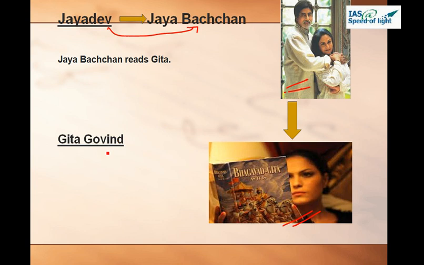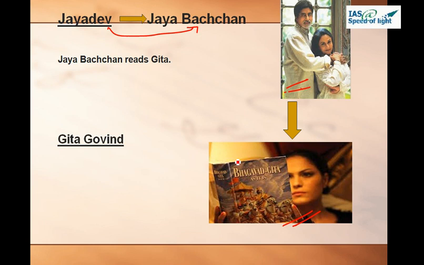So this is just a sample of the mnemonics, and what actually becomes clear once it comes to you. But you can make your own mnemonics. Suppose somebody belongs to Bangalore. Jayadeva Hospital is a very famous hospital in Bangalore. So with Jayadeva, if you want to relate Gita Govind, again it is possible. The only requirement is that we should have an image of that particular item or person.